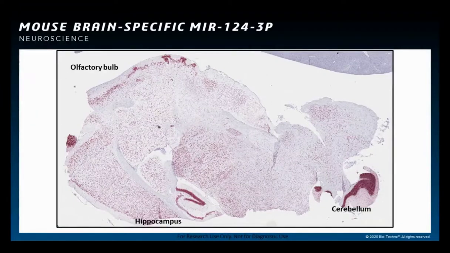Moving on to the next application, which is neuroscience. And microRNAs have actually been implicated to play roles from early stages in development all the way to adulthood. In this particular image, we're actually showing detection of a neural-specific microRNA, miR124-3P, and this is in the mouse brain.